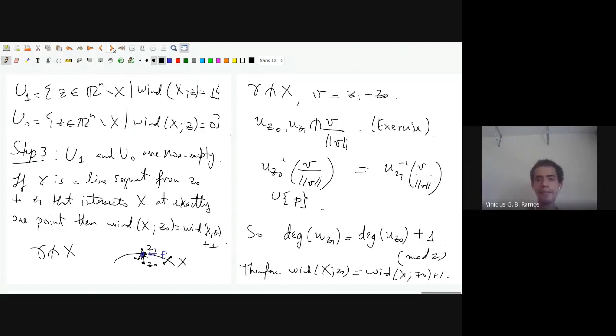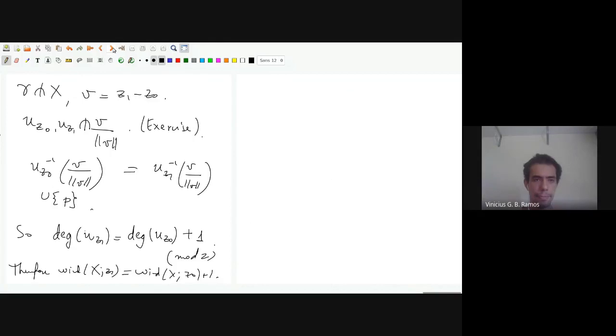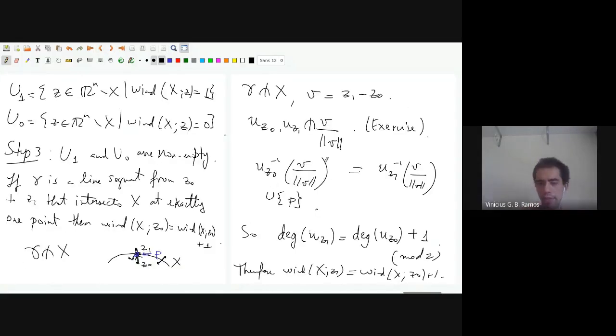Any questions about this? Is it clear why, when you look at the pre-image of these maps, given by the direction between z0 and z1, you have one extra point in z1 than you have in z0?